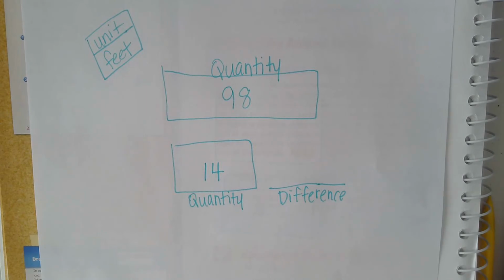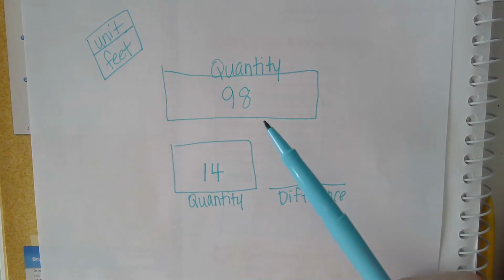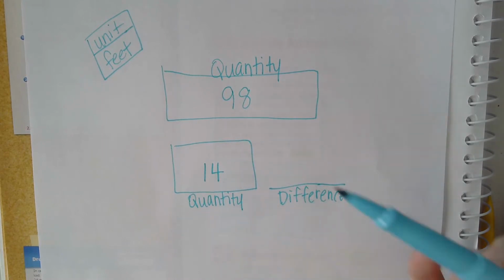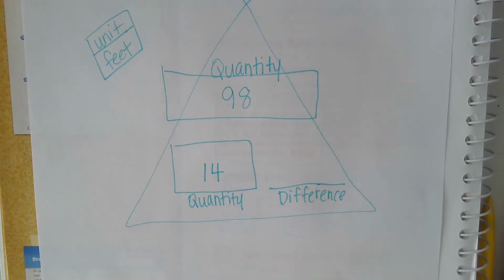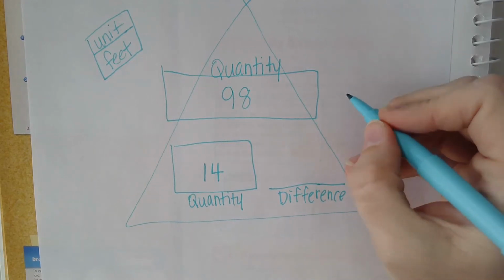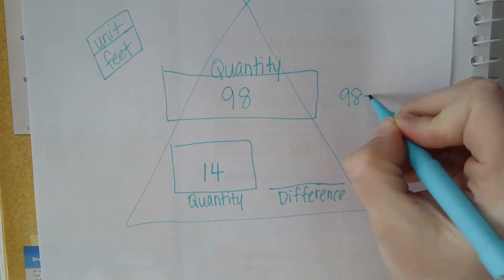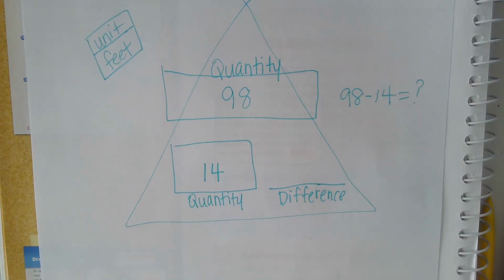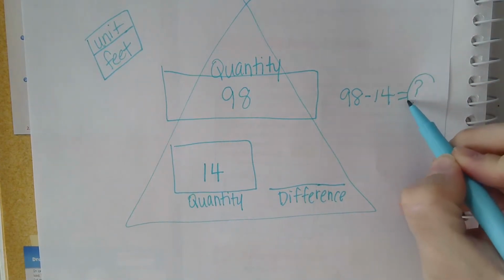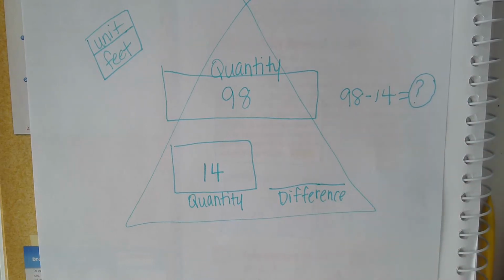Now, all I have to do is figure out the difference, and I can do that a couple of different ways. I'm going to think back to my fact families. This kind of reminds me of a fact family triangle. So if I think about that, that will help me solve the problem. So I could do 98 minus 14 equals the mystery number. I like to draw a question mark where the mystery number is because that's what I'm trying to figure out.